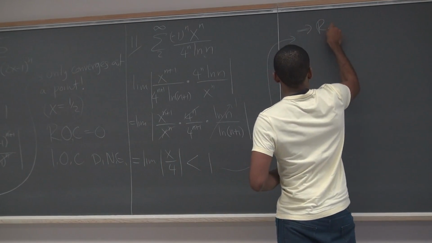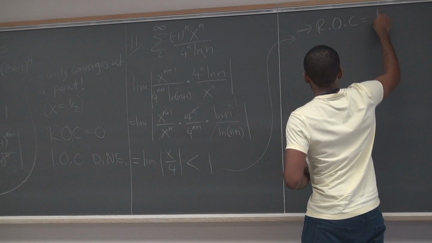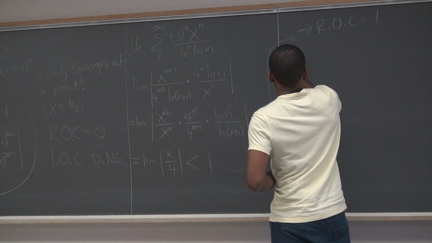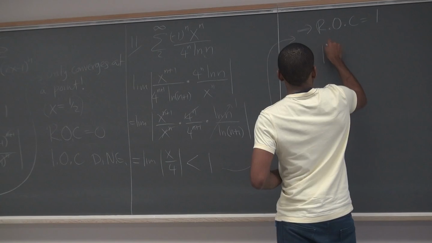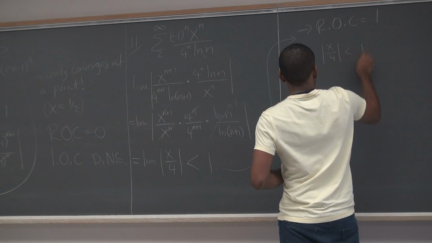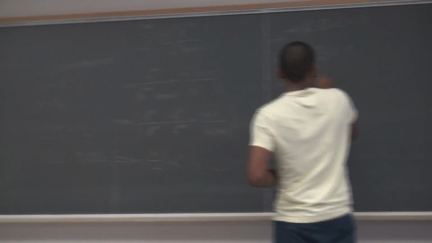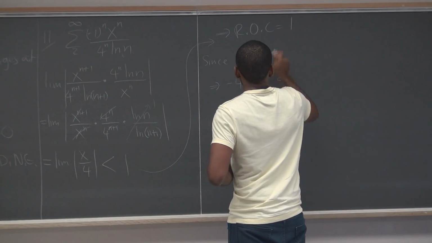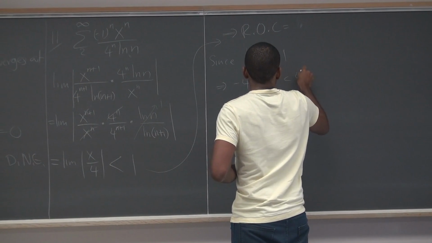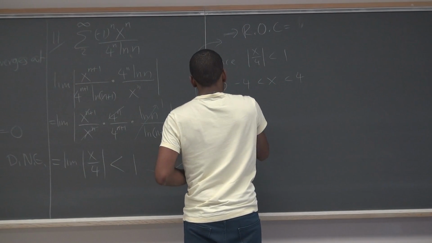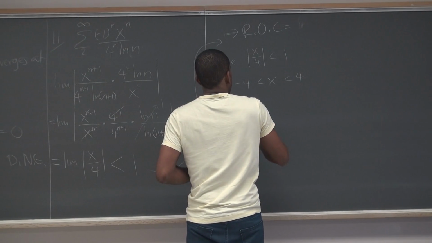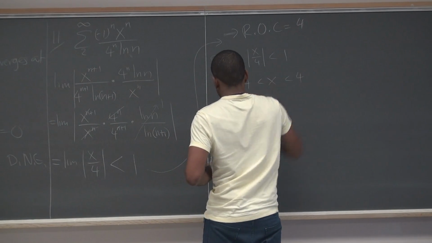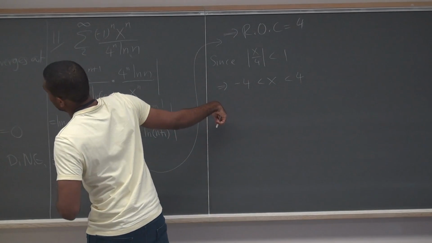Since |x|/4 is less than 1, this means that x is between -4 and 4. Sorry, the radius of convergence is going to be 4.